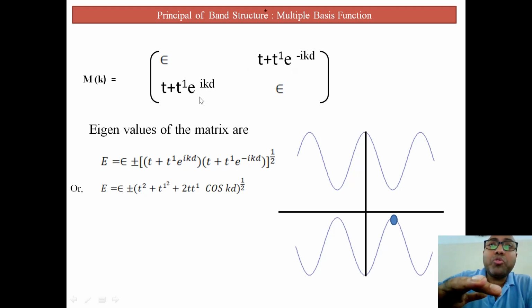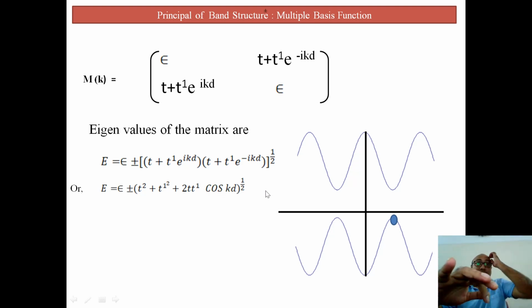You know how to calculate the magnitude of a complex conjugate part: this one multiplied by this one, under root, right? This is the magnitude. So the same thing we have done, epsilon plus minus this magnitude. And if you do further manipulation, you will get 2t bar cos kd by 2. So it is actually my E-k diagram of a multiple basis function.